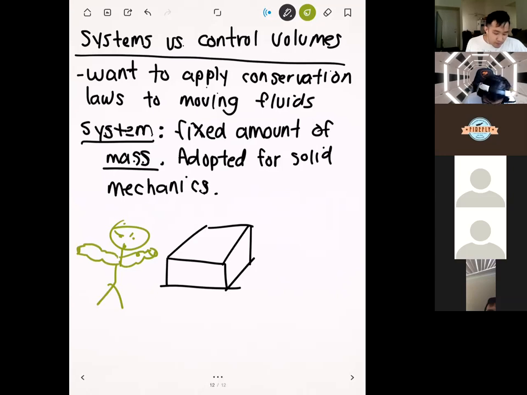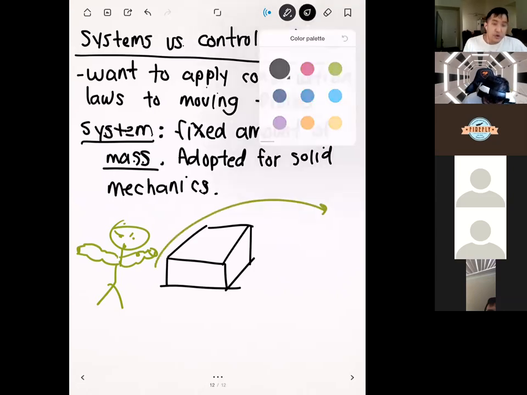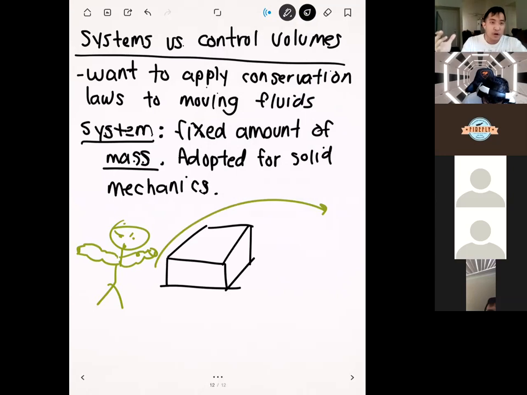I tried to draw him with buff arms, but I guess he skips leg day. So Hulk takes this block of concrete and chucks it across the room. If you want to analyze the motion of this block, you can say we have this fixed amount of concrete right here, and we're tracking the motion of that concrete as it gets chucked across the room. The title of this is Systems versus Control Volumes.